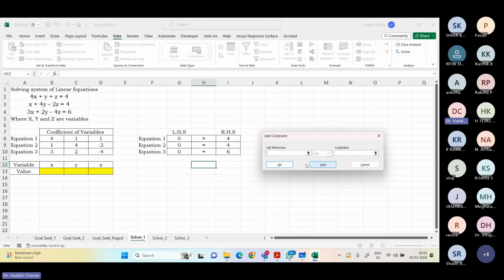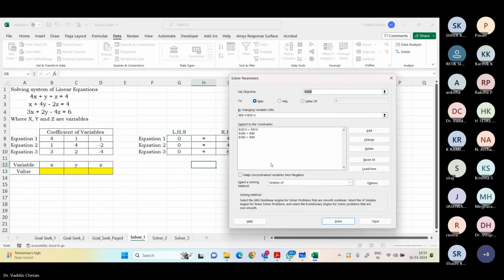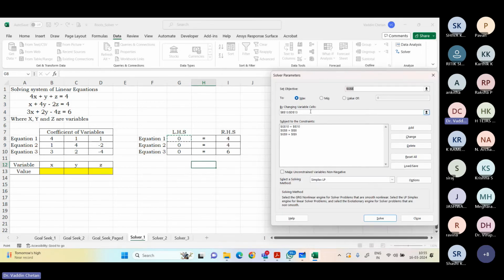Add similarly this LHS should be equal to RHS. Click on OK. So these are the three constraints. These are the three changing variables, and these three are the constraints which you are imposing.